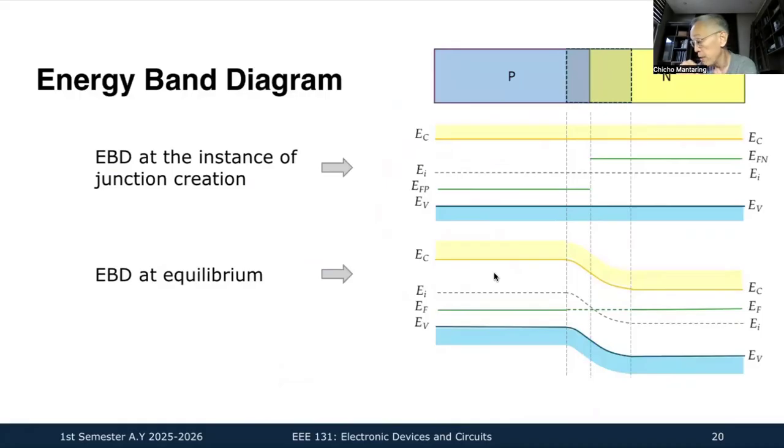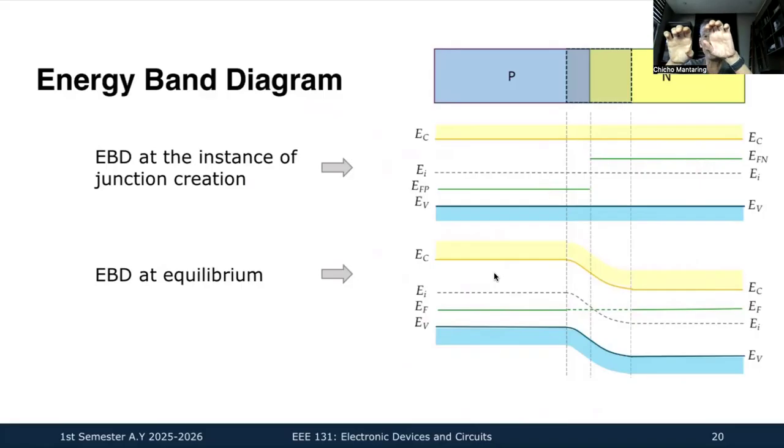And note, this is in thermal equilibrium, and therefore you can only have one Fermi energy level, and that is going to be this Fermi energy level. Okay? So what happened? Actually, itong EFN at saka EFP nag-align. It aligned. No?